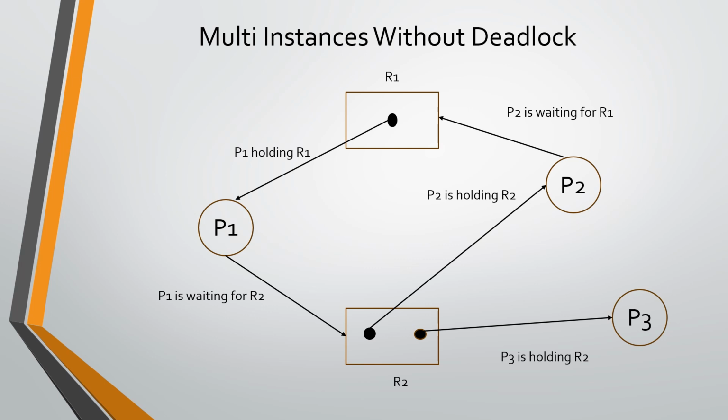P2 is waiting for resource R1, but the R1 instance is held by P1. So the deadlock will not form in this graph using multiple instances. For these multiple instances, we can also use the allocation matrix and request matrix.